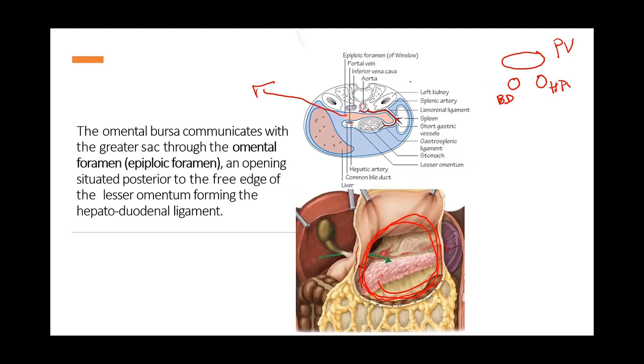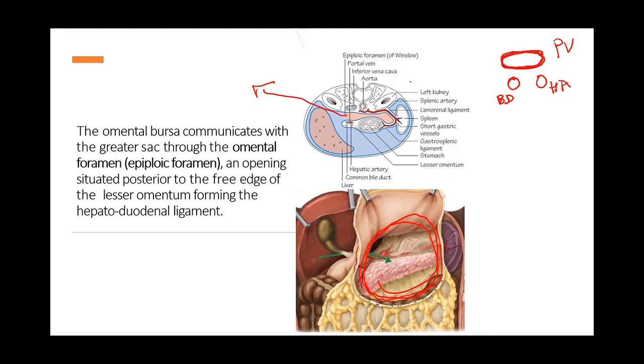Now, this diagram I'm drawing, don't forget the position and their location is a common MCQ question. The arrangement of the portal triad, okay? You have the portal vein posteriorly.